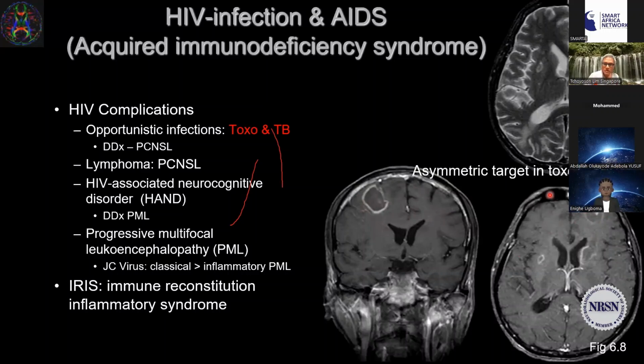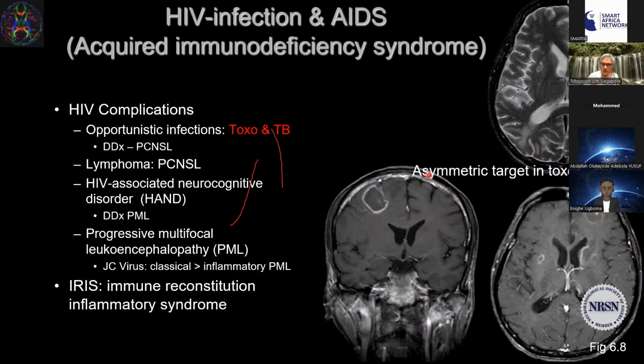Now, if it's not in the correct plane, you might just get a small ring-enhancing lesion, but if it is opportunistically imaged, sometimes we can see the asymmetric target sign.